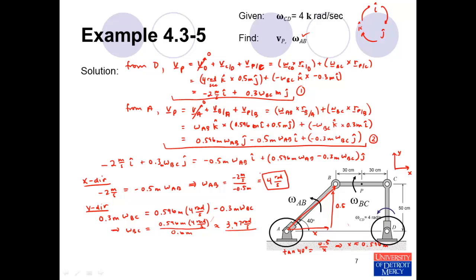And once we know that, we can then plug that back into either of our expressions for VP. So I'll go ahead and use equation 1 since it's easier. We have that the velocity of P is negative 2 in the I direction. We have 0.3 times omega BC. So 0.3 times 3.97.